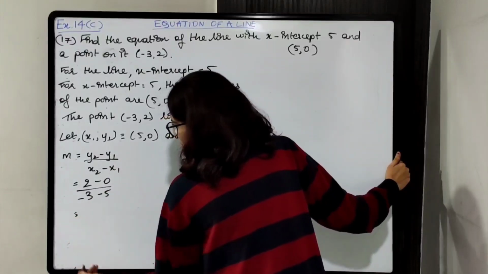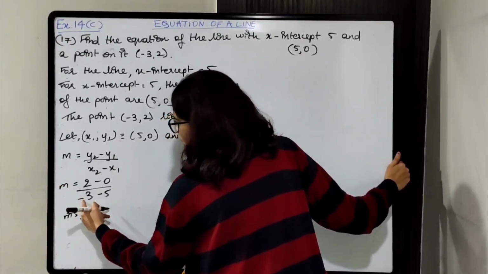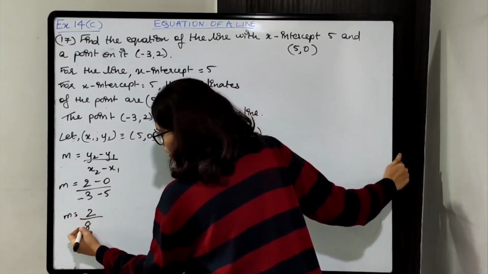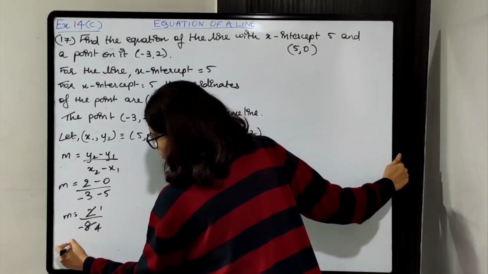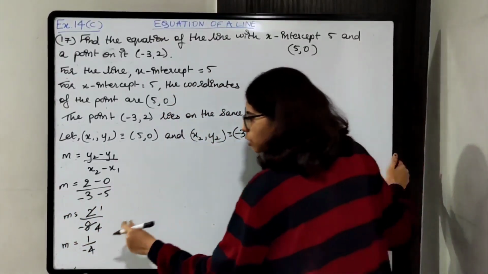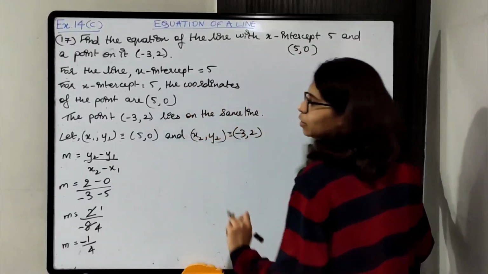So 2 minus 0 is 2 and -3 -5 दोनों नेगेटिव है, so add it 3 + 5 8 and put negative sign. 2 1s are 2, 2 4s are 8, so we are getting 1 upon -4. We never keep negative sign in denominator, bring it in numerator. I'm shifting it over here only. m का वैल्यू मिल गया.